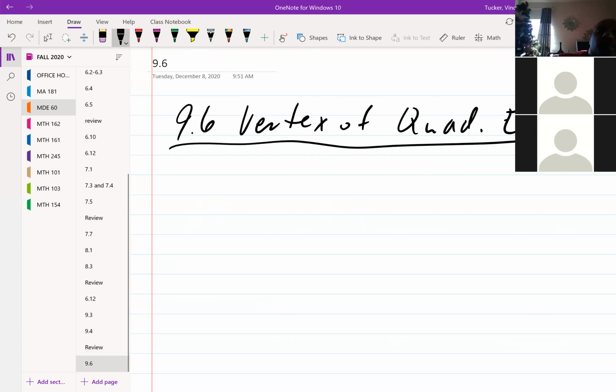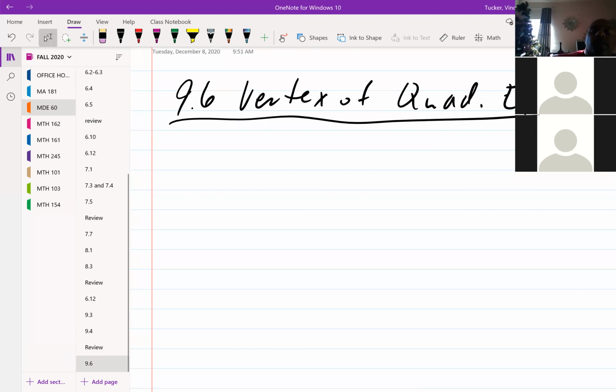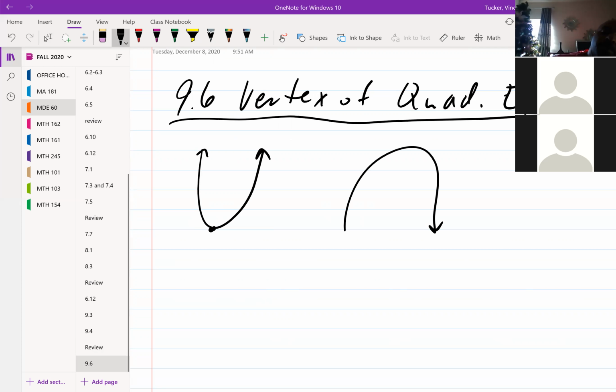When you talk about your vertex, it's either going to be the highest point or the lowest point of your parabola. Your quadratic equation always produces either a U or an upside-down U, and this would be your vertex. They always call the coordinates of your vertex h and k.